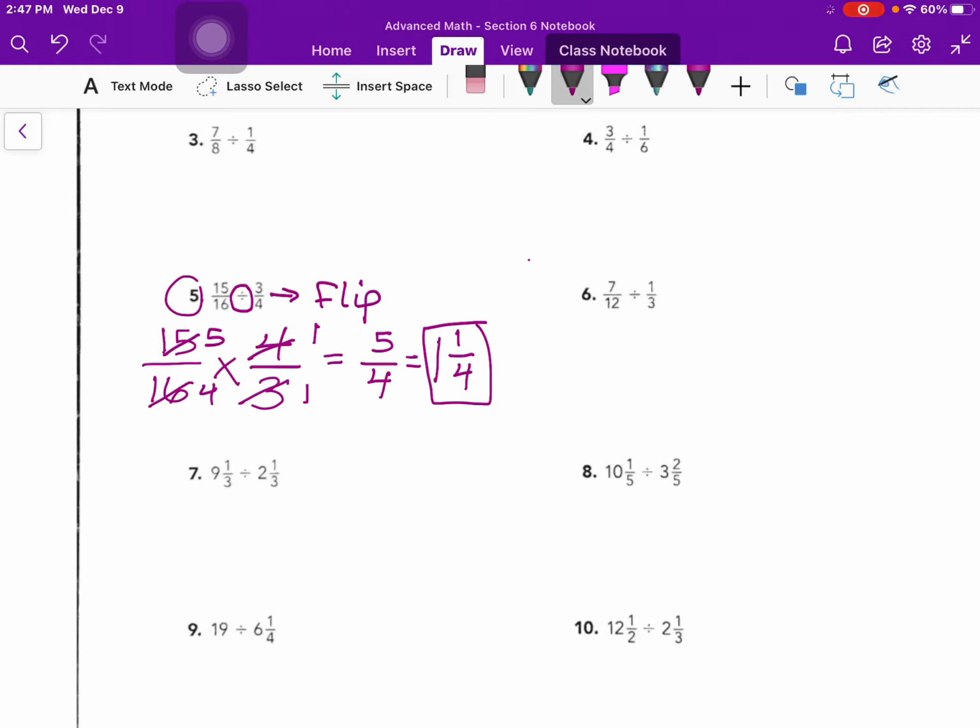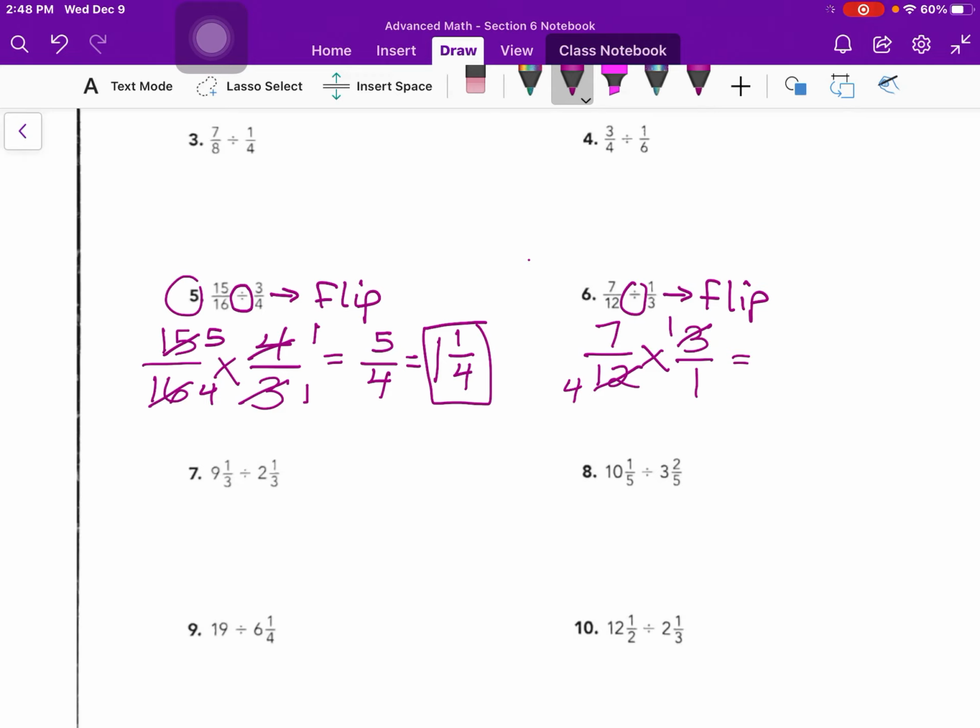Looking at number 6, same thing again. Keep the first fraction, change the sign, and flip the second one. So 1/3 becomes 3/1. From here, it's a multiplication problem. Again, you can simplify ahead of time if you can. Right here, 3 goes into 3 once, and 3 goes into 12 4 times.